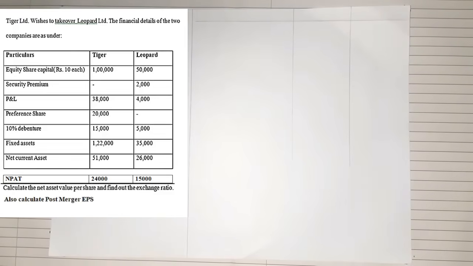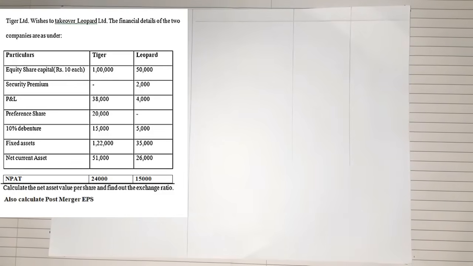After that they're asking you to calculate the net asset value per share and find out the exchange ratio. Now we have already discussed the format, how you need to solve in order to find the value of share as per net asset method, and what the formulas are to find the exchange ratio. So now let us apply the same in this particular sum.